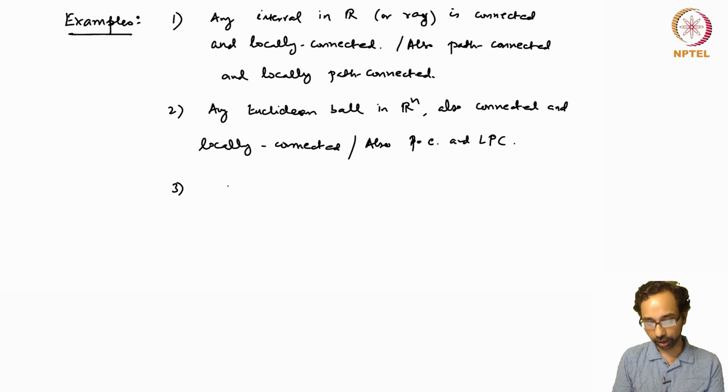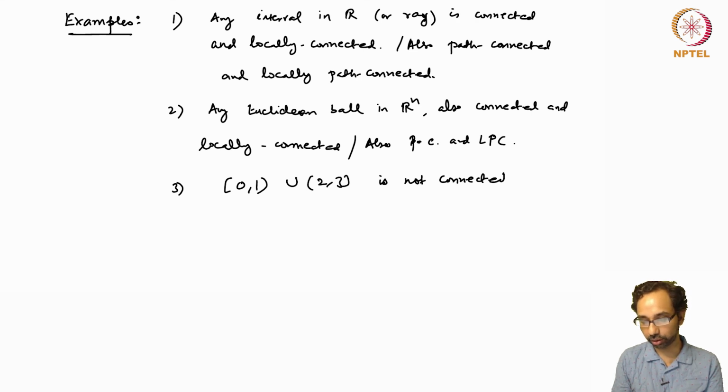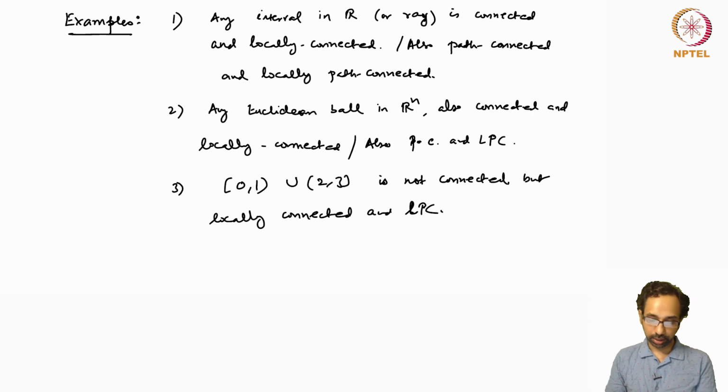Similarly, if you have the set, let's say [0,1] union [2,3], this is not connected, so in fact not path connected, but it is locally connected and locally path connected as well.